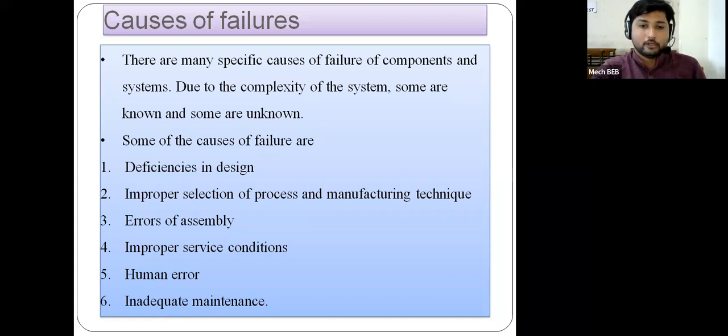And then inadequate maintenance: if you are not providing proper maintenance as per the requirement, then the product will not complete its life cycle, and it will fail before its expected life cycle. So these are some of the causes of failure in any product.